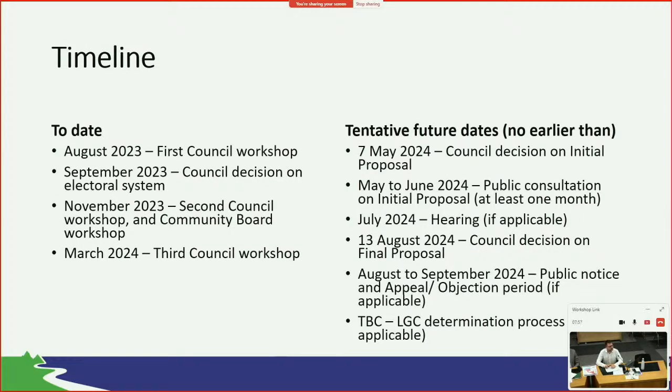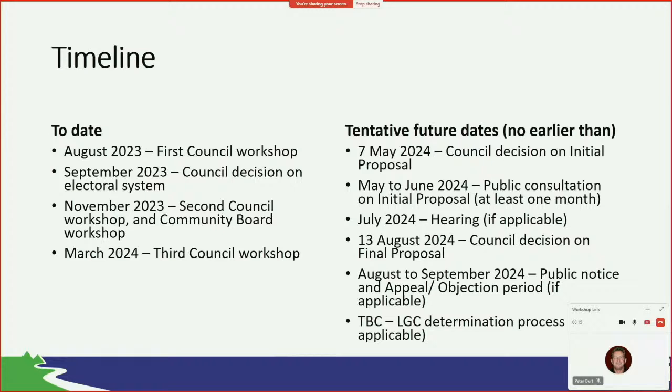As I've alluded to in terms of where we're at in the process, this is the third workshop. Moving forward, at some point, we will have an initial proposal that council resolves that we go to the community on, and we have at least 1 month of public consultation on that. There's a hearing if applicable.